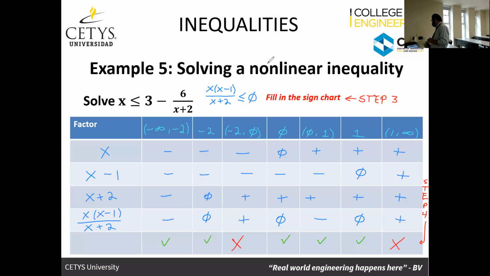This means that the solution for this inequality would be, I'm going to write it down here instead of in the bottom. The solution would be from minus infinite to -2. And going back to Aime's question, we're including the -2.